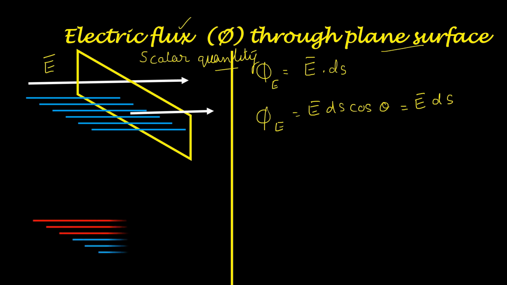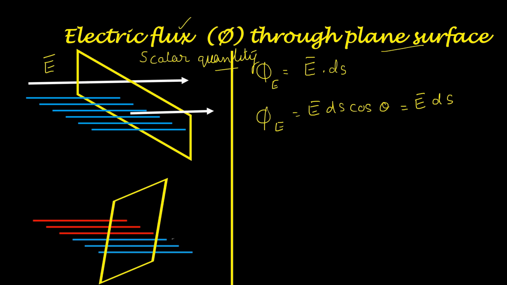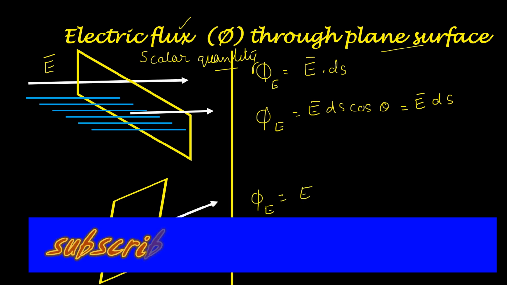Now let us see what happens when the area vector is at an angle to the direction of the electric field. This is the electric field direction and this is the area vector. The plane surface is not kept perpendicular, so the projection of the area vector to the electric field makes an angle equal to theta. Some field lines are not passing through the area, that is, the flux is less.